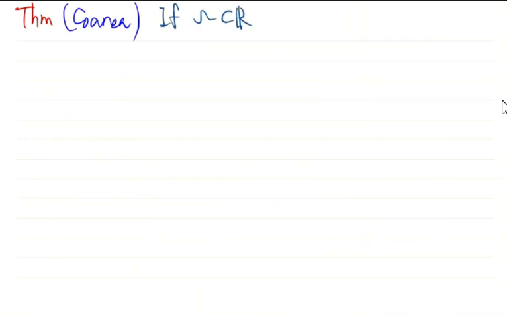So this is a theorem, the coarea formula. Suppose omega is open and f is C1.